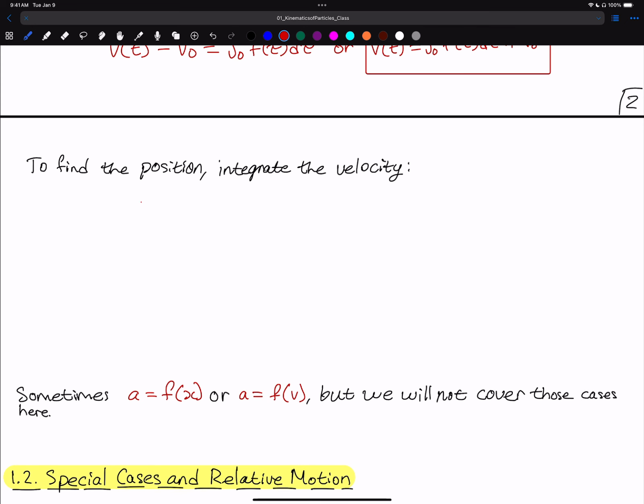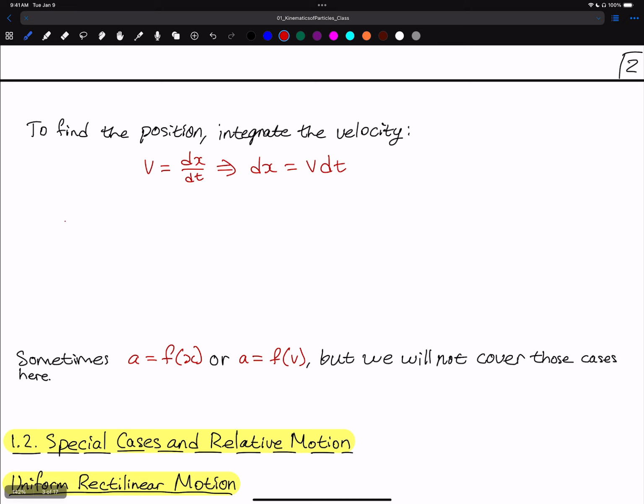To find the position, we're going to integrate the velocity. If we recall that v is equal to dx over dt, then dx is equal to v dt, and we're going to do the same kind of integration we did before.